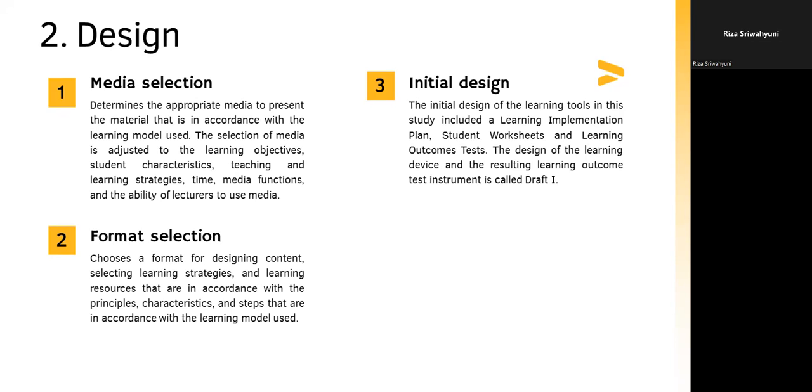And the last is the initial design of the learning tools. This stage includes a learning implementation plan, student worksheet, and learning outcome tests. The design of the learning device and the resulting learning outcome test instrument is called draft 1.